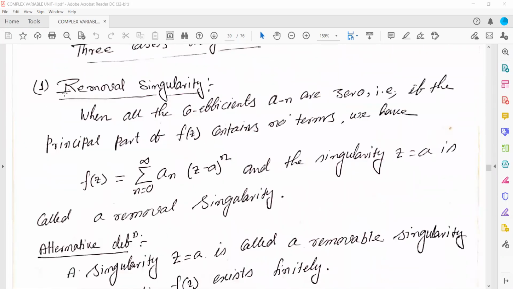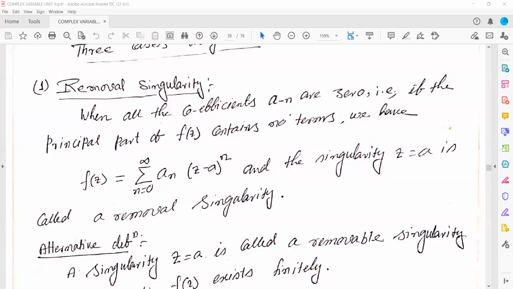First one is called removable singularity. So what is a removable singularity? When all the coefficients a minus n are 0.